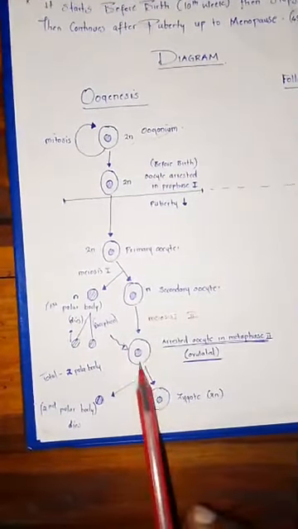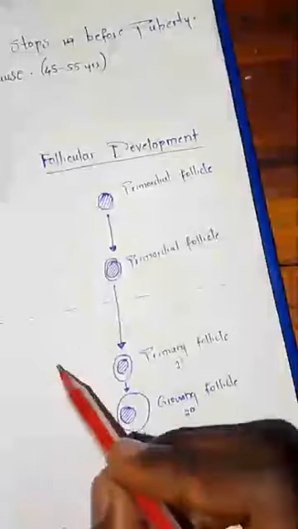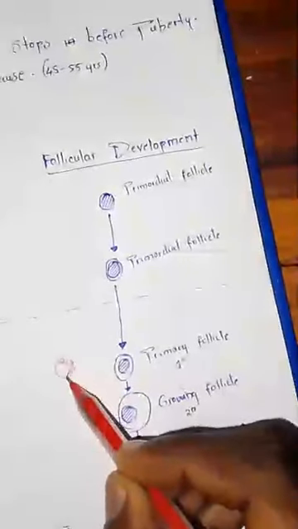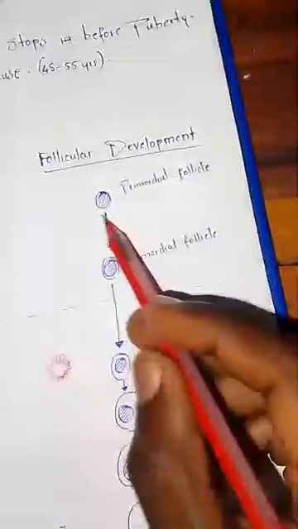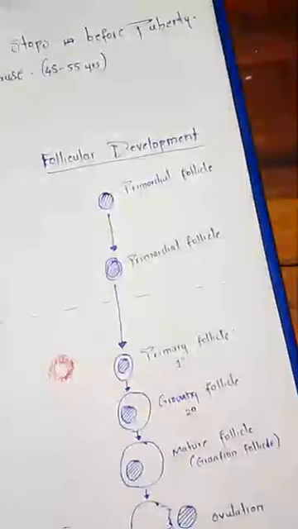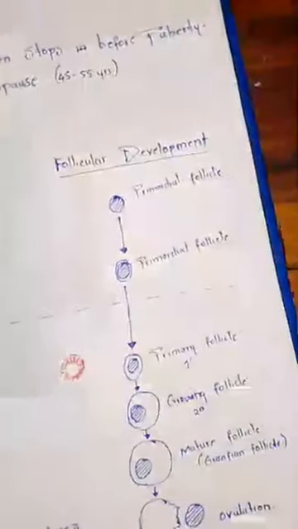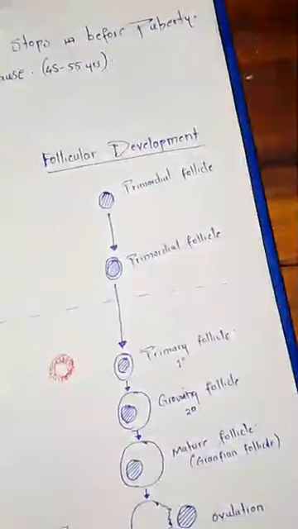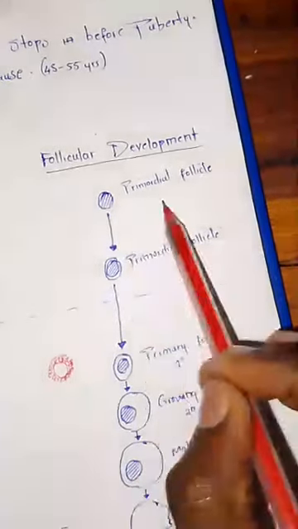When this is fertilized and the zygote is formed, it is going to be surrounded by cells known as the flat follicular cells, to form what we call the primordial follicle. So now, what happens in this whole process of the primordial follicle coming in? What happens is that the primordial follicle will start undergoing some development.